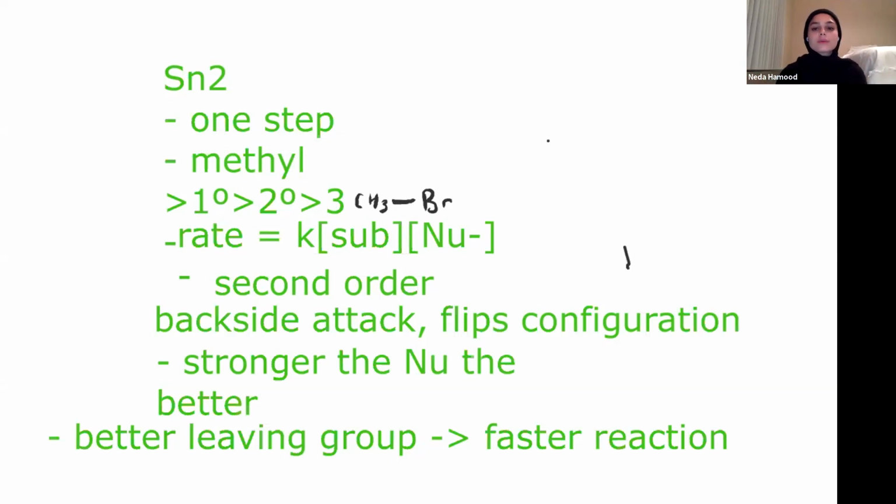But just for right now, don't worry about that point. When we do the final review, that will be relevant. I had a question because the second to last bullet point says stronger the NU, the better, but it doesn't say anything after the better. Yeah, if it was a weaker nucleophile, then it wouldn't be as good as a stronger one, the better reaction. Okay, thank you. Yeah, no problem.